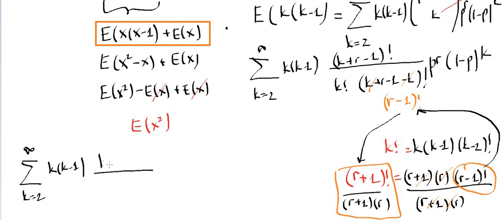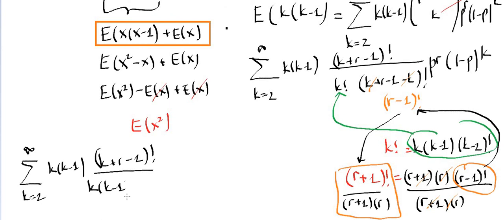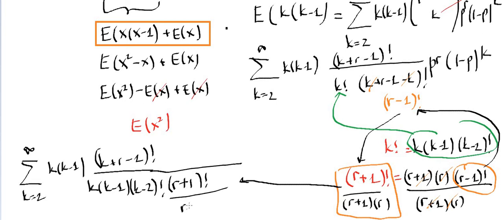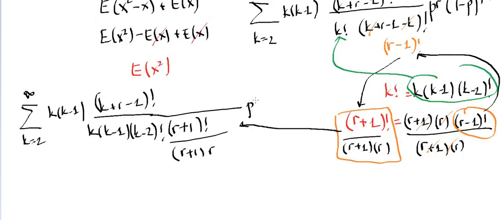Okay, now we have (k plus r minus 1) factorial. Instead of k factorial, we're going to use this expression, so it's going to be k times (k minus 1) times (k minus 2) factorial. And instead of (r minus 1) factorial, we said we're going to use (r plus 1) factorial over (r plus 1) times r. The rest of the equation is p to the r, (1 minus p) to the k.